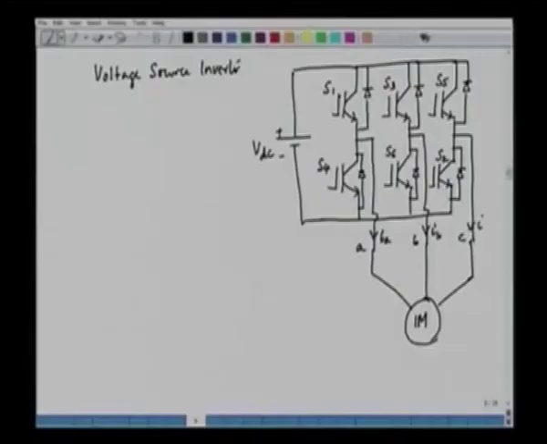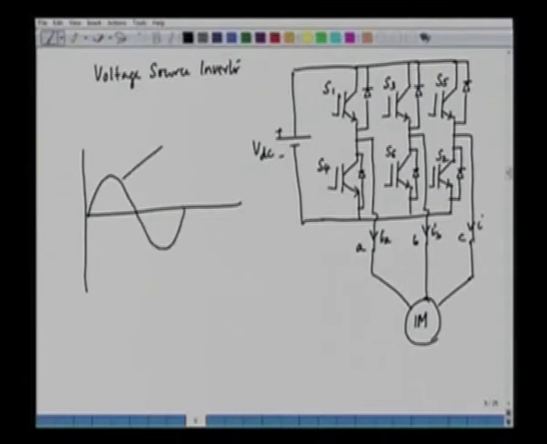So in this case, what we have here is the following. We have phase A current. This is IA star, and the actual current will follow the reference current within a band.